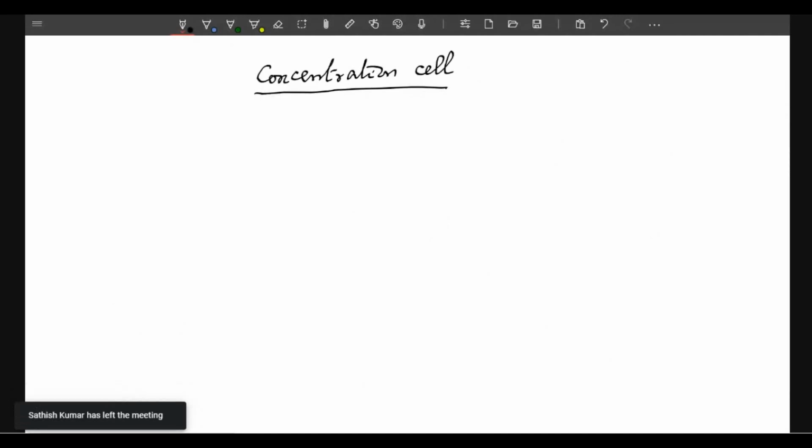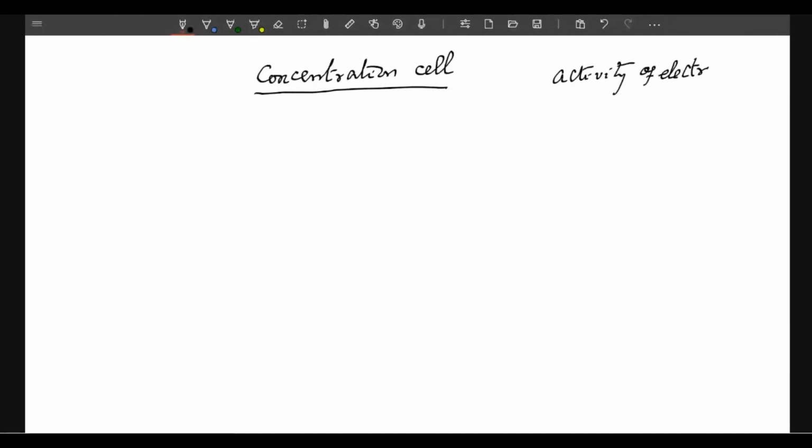Before seeing this concentration cell, we will have the conditions for this electrode potential or the cell EMF. The cell EMF depends upon three parameters. We have seen the activity of the electrode, or nature of the electrode.